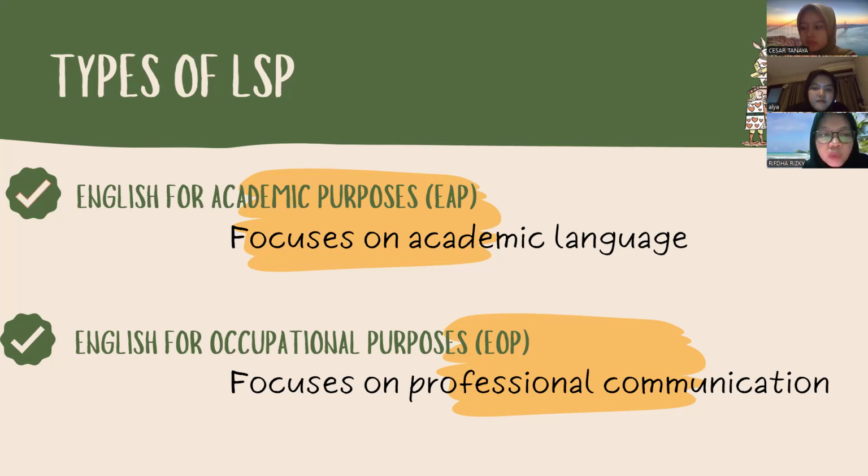And then the second one is English for Occupational Purposes, or EOP, that focuses on professional communication. So the learners can learn how to write reports, attend meetings, and communicate with clients. But actually, both of them have the purpose to develop the ability to use language appropriately within a specific context.